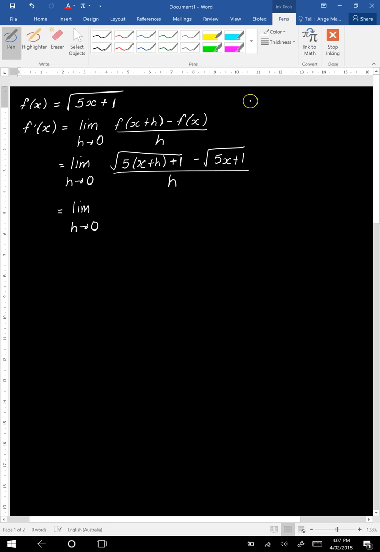If you have a think about it, if I have root x plus 1 squared, that's going to be root x plus 1 times root x plus 1. Root x times root x, you don't get root x, you get root x squared, which becomes x. But then I get a root x times 1, so I get an extra root x, then another root x here, and then I get the plus 1.